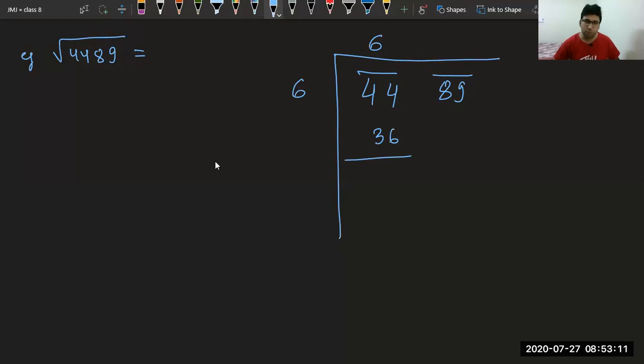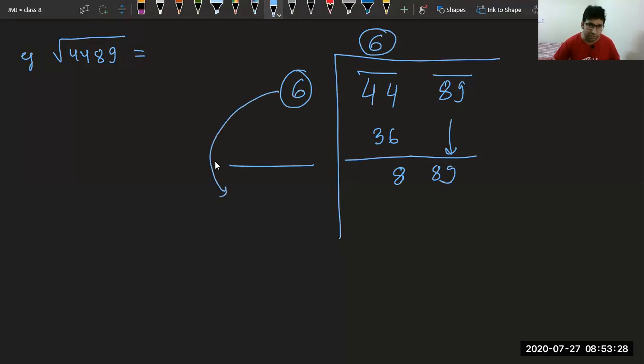We will get how much? 44 minus 36 is 8 and we will have 89 over here. Now, Rachit, step number 2. Please see. In step number 2, this is the divisor. We make divisor twice. In every step, we will keep on doubling the divisor.